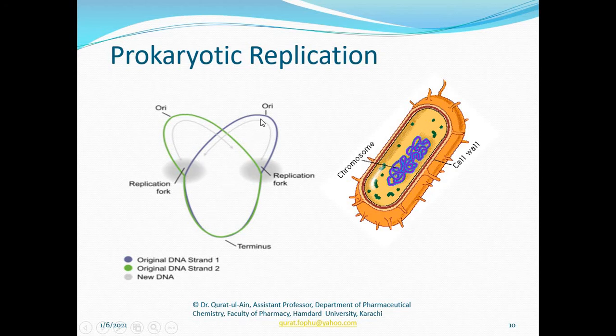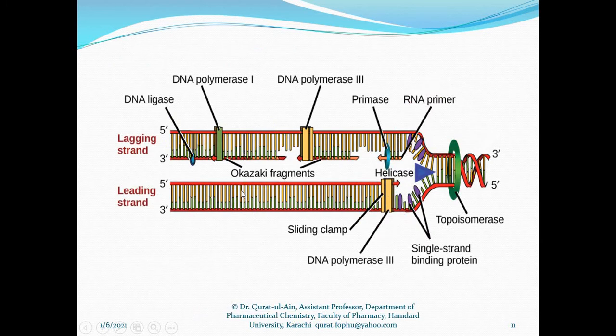These two strands of a DNA molecule would be separated from each other, and two new strands would be synthesized, one on each strand. So here we are discussing how replication takes place at the origin of replication, and how the double stranded DNA separates its two strands, and then a new strand is synthesized on each template strand.